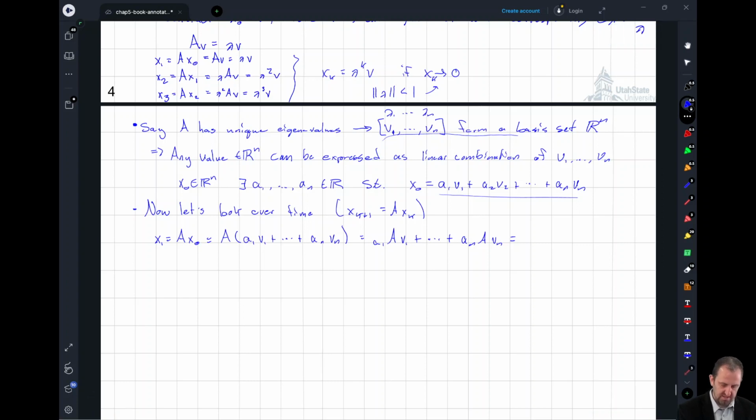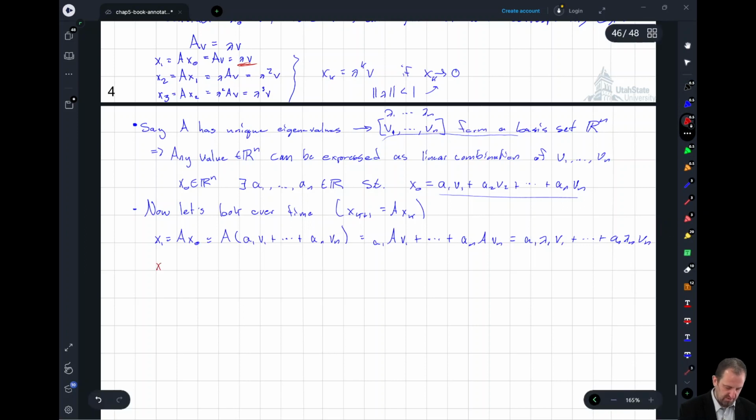Since they're eigenvectors, this is going to be a1 times lambda 1 v1 plus dot dot dot plus an lambda n vn. So it's starting to look similar to before, where before we had just lambda times v. Now we have a summation of them.